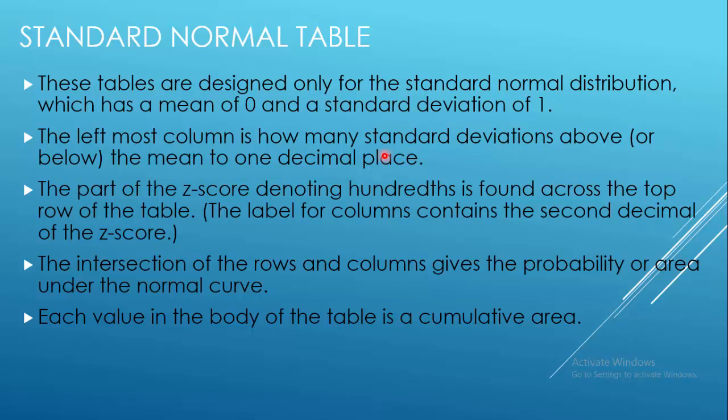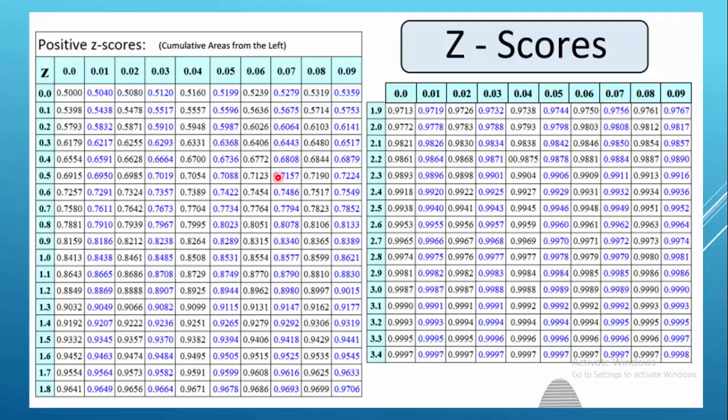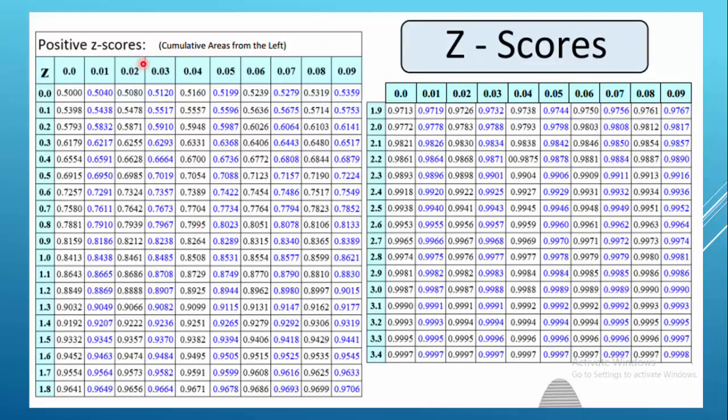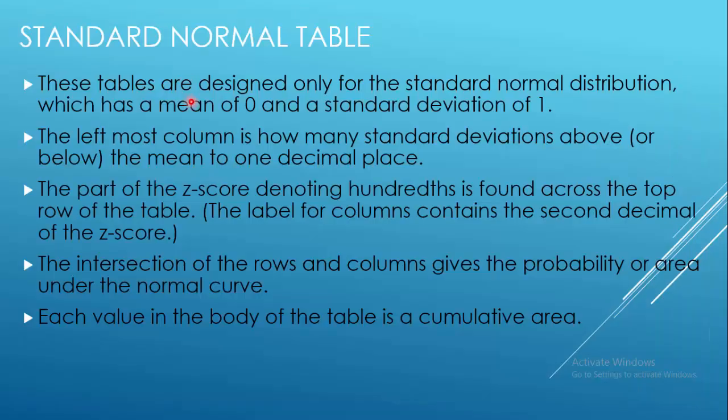The part of the z-score denoting hundredths is found across the top row of the table. The intersection of the rows and columns gives the probability or area under the normal curve.